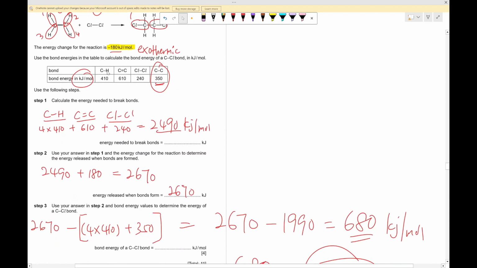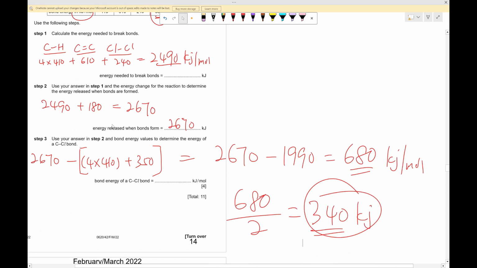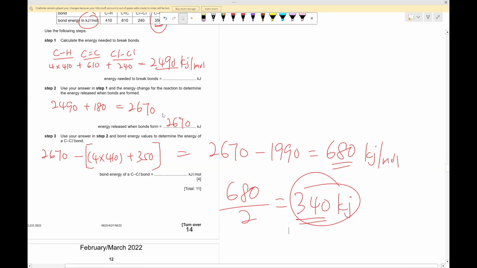After the reaction takes place, the 180 kilojoules is lost to the environment. So we need to add it back to the original reactant. Therefore, it's plus. If we minus, then our answer will be haywire. Okay, done for the calculation.